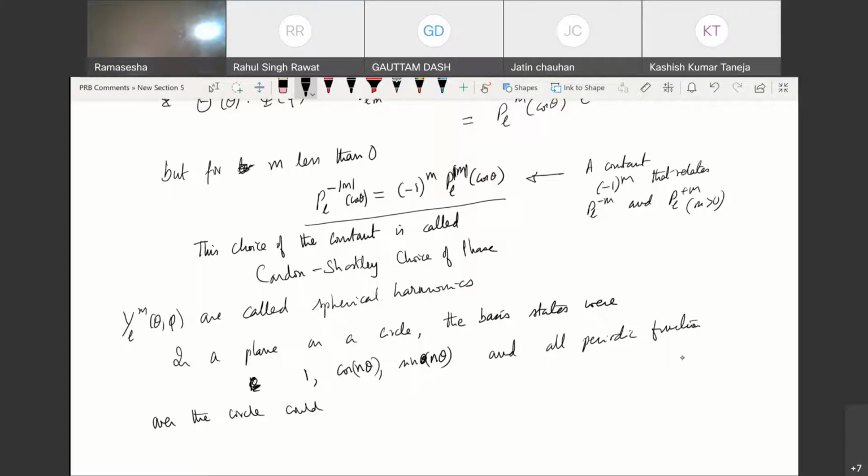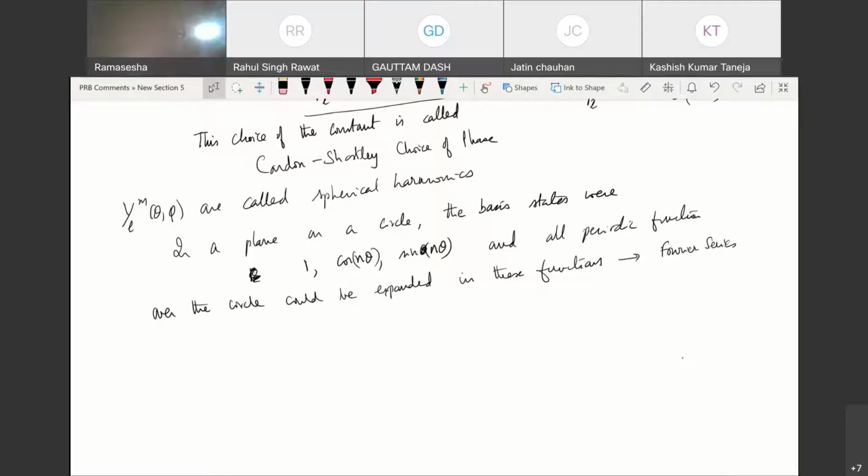So what was this called? This is something that we spent time on, and this is the Fourier series. So when you go to that, we are looking at periodic functions.